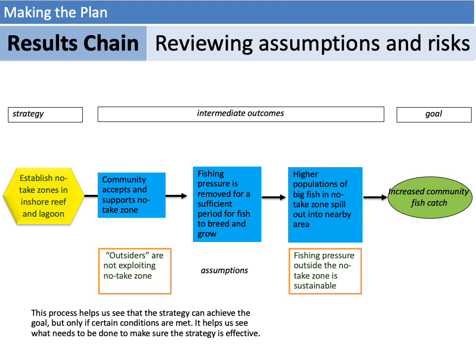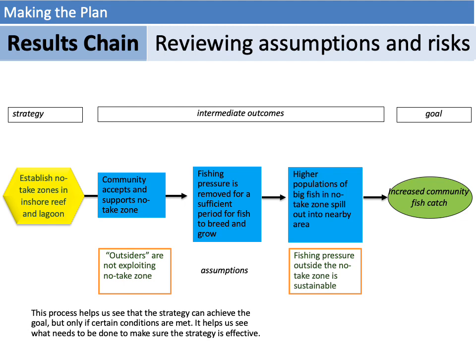So here we have our strategy and our goal. And we've said, in order to move from establishing no-take zones, the community needs to accept and support no-take zones. If the community accept and support no-take zones, then fishing pressure is removed for a sufficient period for fish to breed.